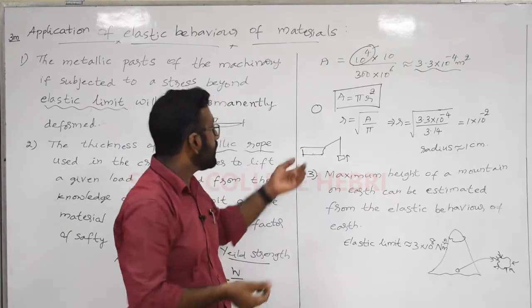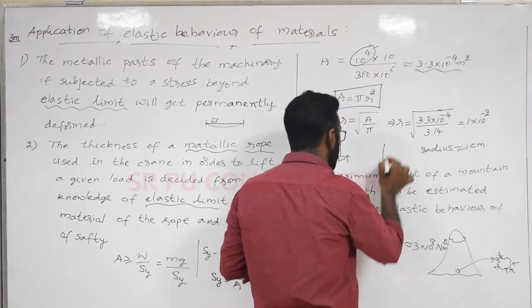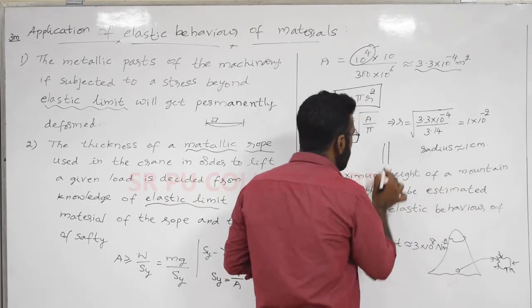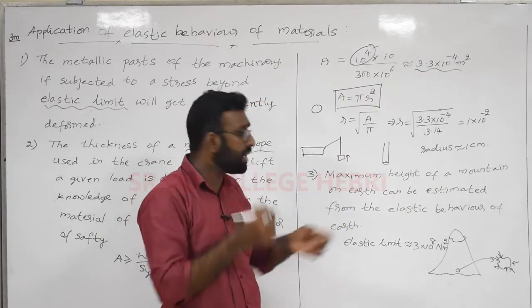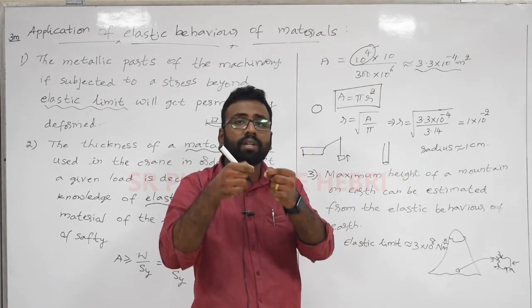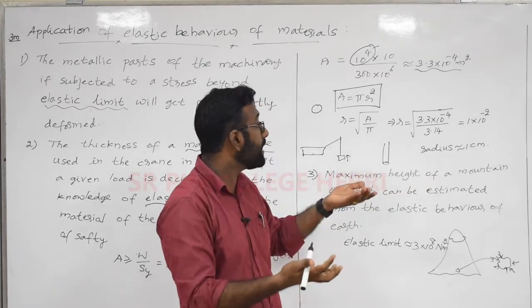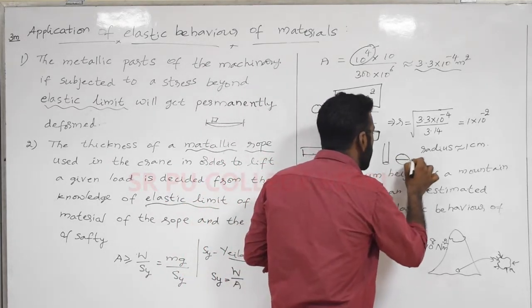Okay, so that means if you take a simple rod of this much radius, it will be a rigid body. Correct, right? If you take such 1 centimeter radius, then what will be the diameter? Obviously it will be double of that, that means 2 centimeter.